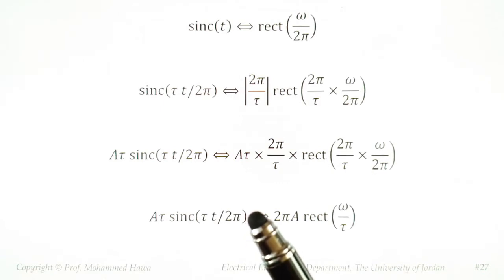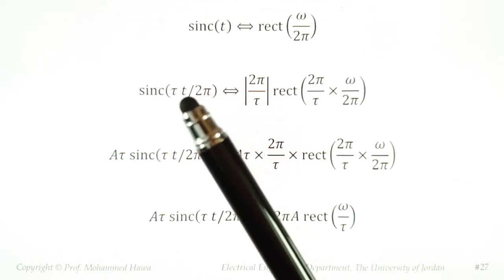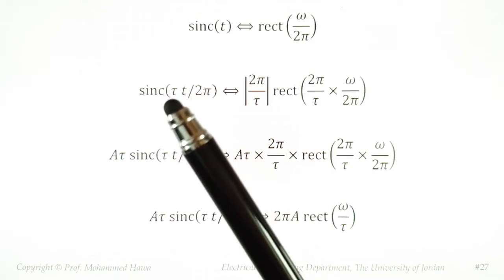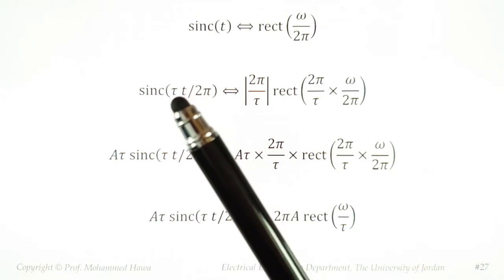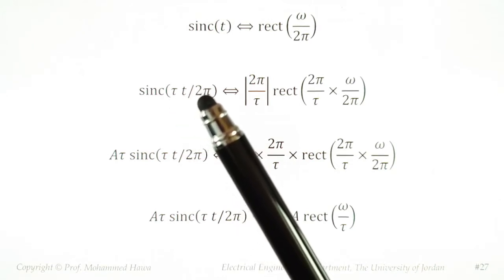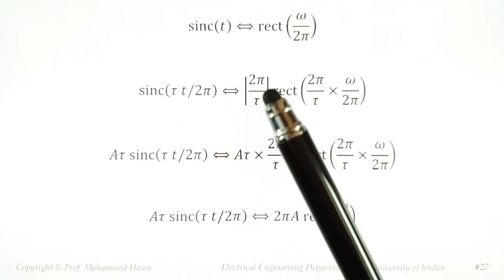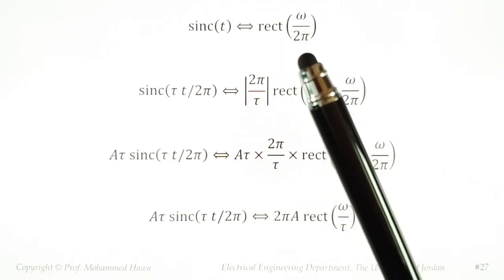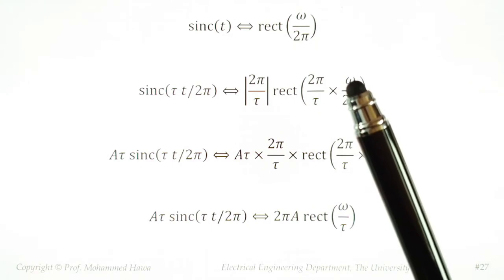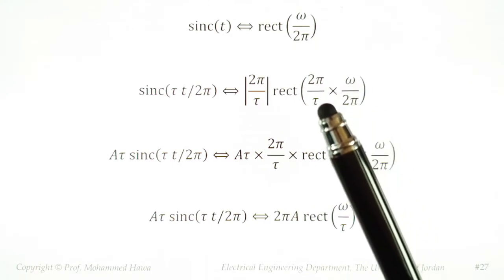For example, I'm going to use time scaling and evaluate the Fourier transform of sinc tau t over 2 pi. If I multiply by tau over 2 pi in the time domain, I have to multiply by 2 pi over tau absolute value, and then I have the rect of omega over 2 pi, but then multiply the omega by 2 pi over tau.